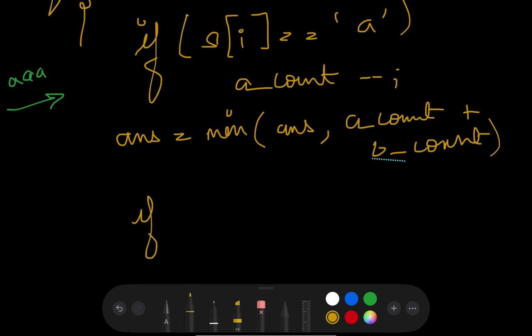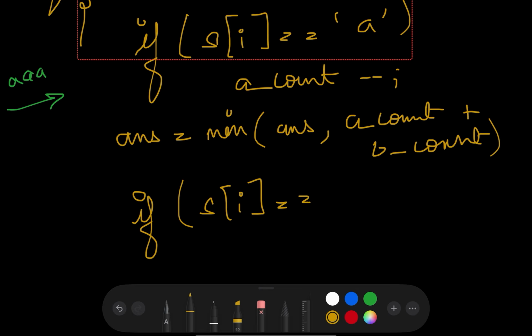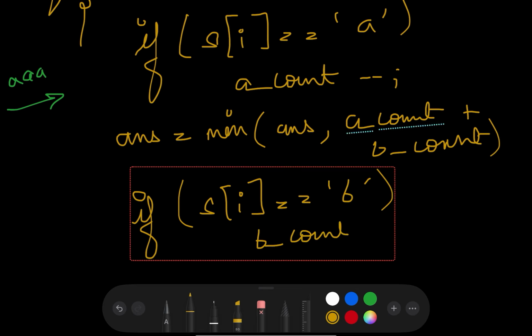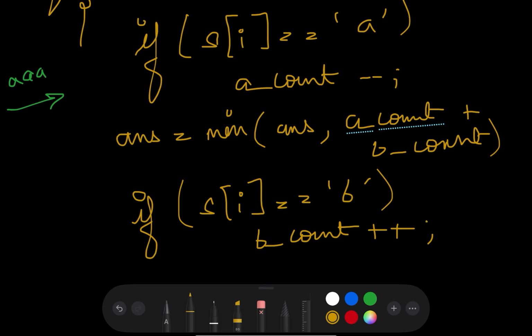Initially our B count was 0, but if we got s of i equal to b, then we'll increase our b count, because while traveling from this side, if we got any b, then we need to delete b, not a. Okay, a we have to consider.